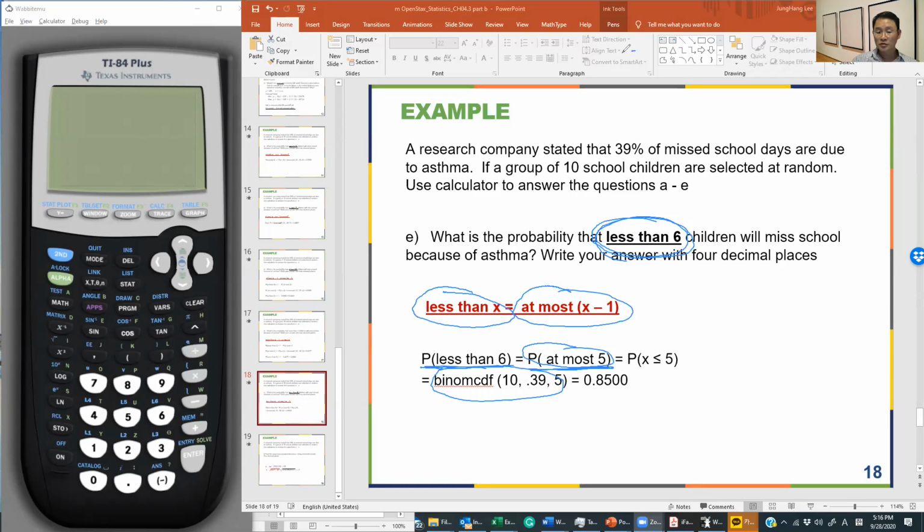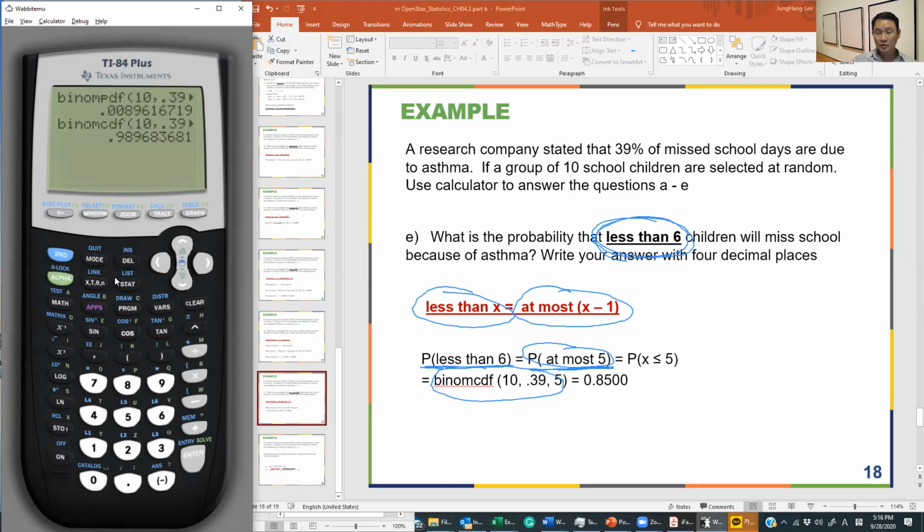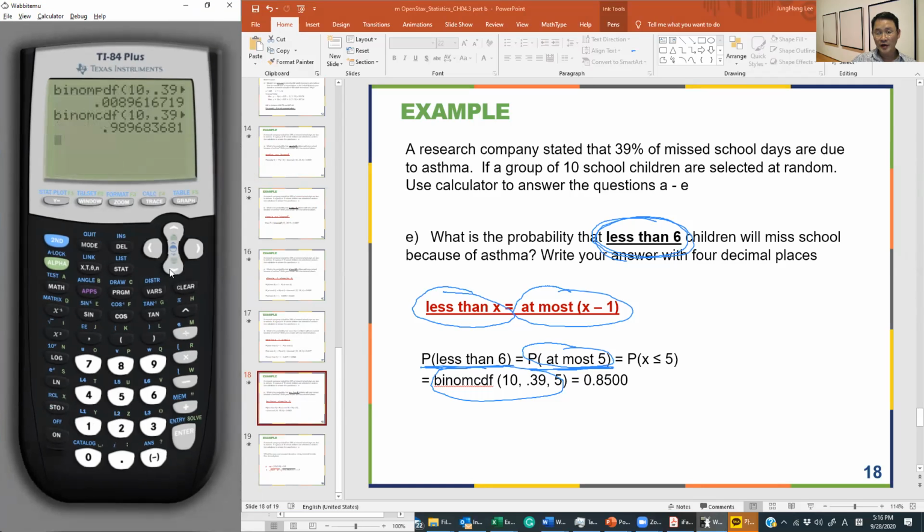So let's see. Turn it on. Go to second, distribution. Looking for binomial CDF for at most 5, right? Enter. n is going to be 10, enter. 0.39, enter. The x value is going to be 5.